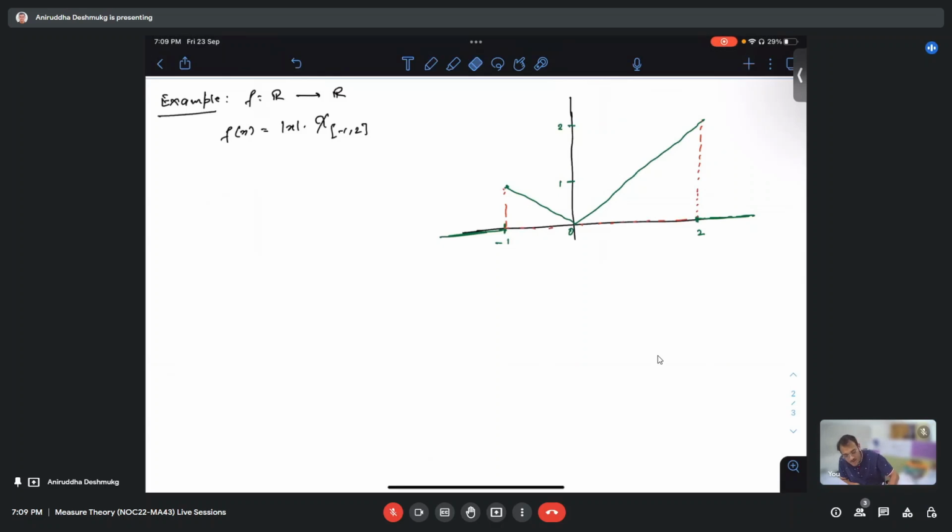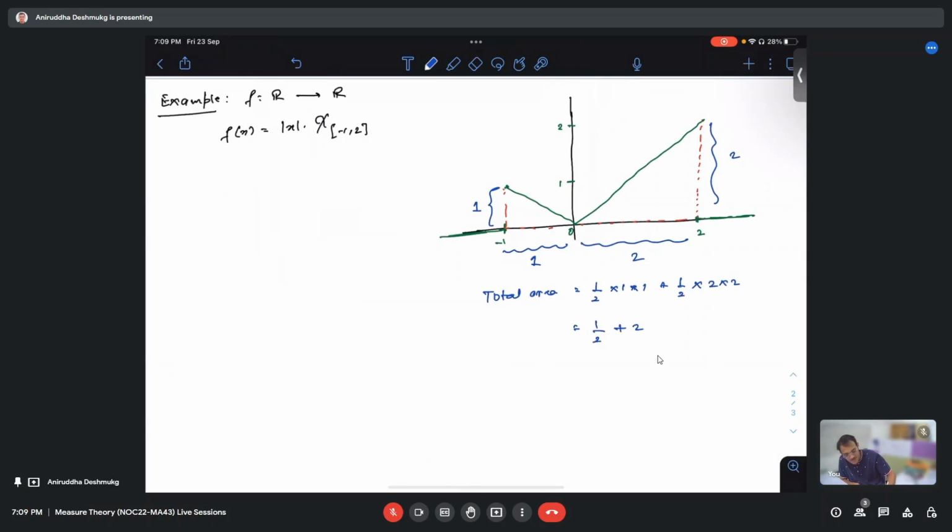And we know how to calculate it. The area of the left triangle is half into base into height. This length is 1, this length is 1, and this length is 2, this length is 2. So total area is half into 1 into 1 plus half into 2 into 2, which is half plus 2, which is 5 by 2.